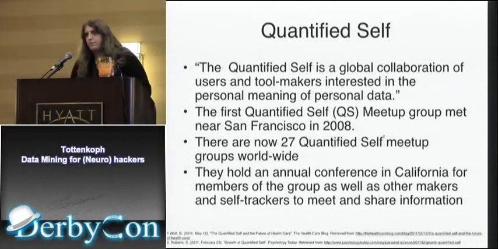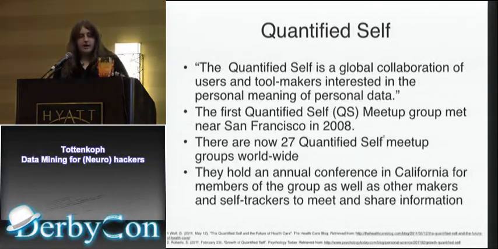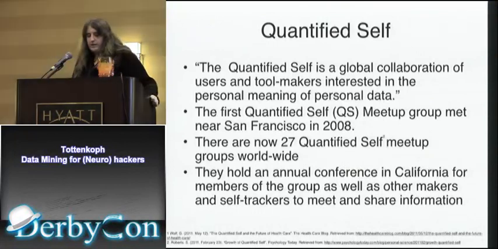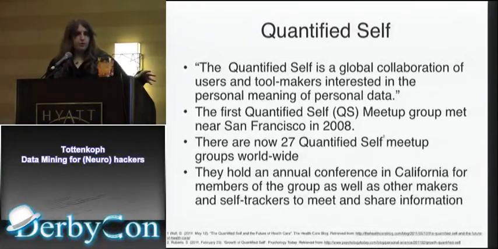Well, some people use it, most of them just like going, hey, I found this way to track this data and share it with everybody else. The first quantified self meetup group was in San Francisco in 2008. There's now 27 quantified self meetup groups, and they have a conference in California every year where they all gather around and talk about new ways that they found to track their data, what they use the data for, et cetera, et cetera.